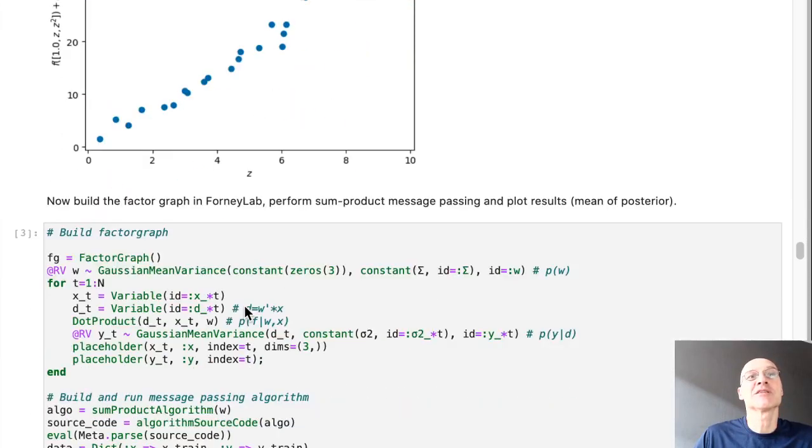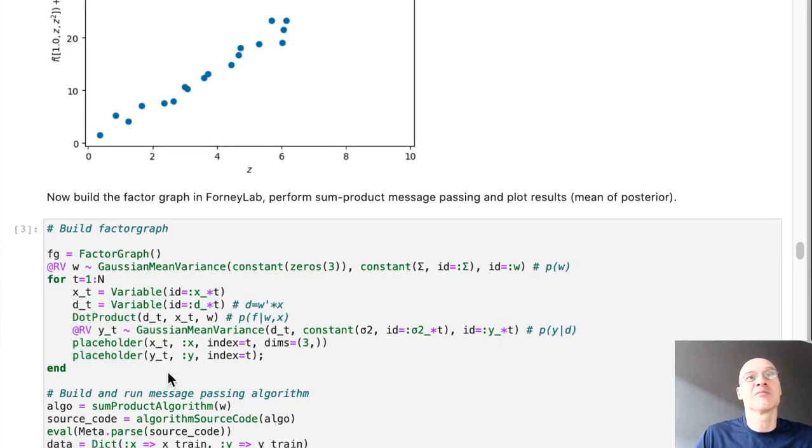What will happen is we build our factor graph by basically saying that x is a variable, and y is w times x.